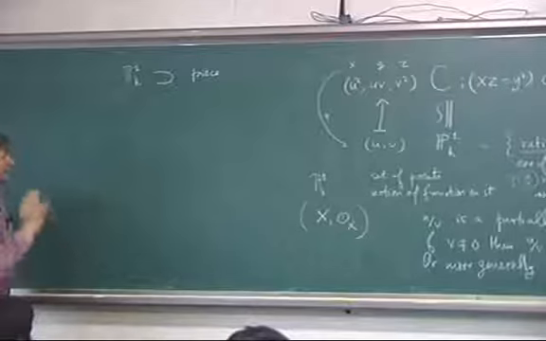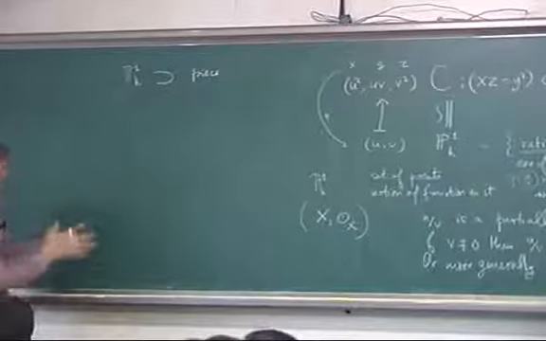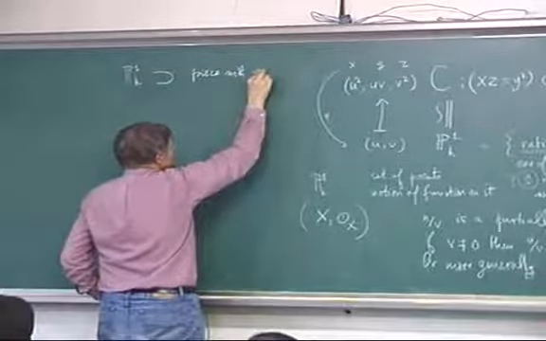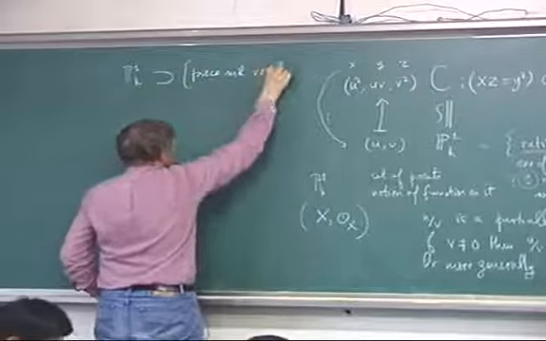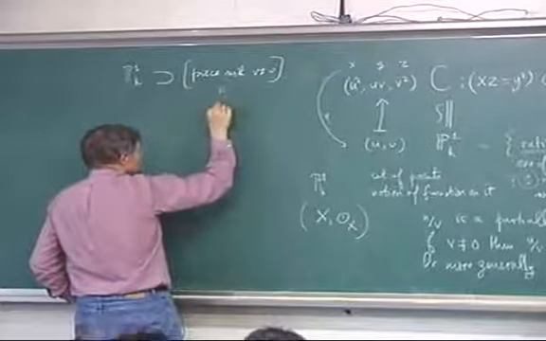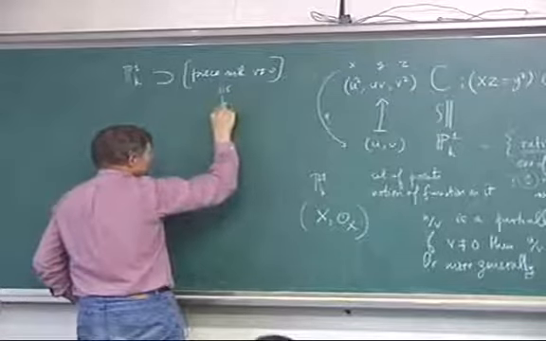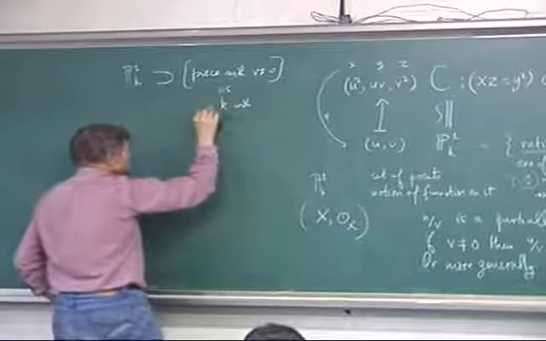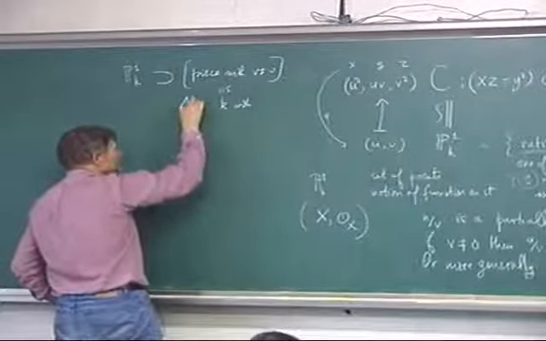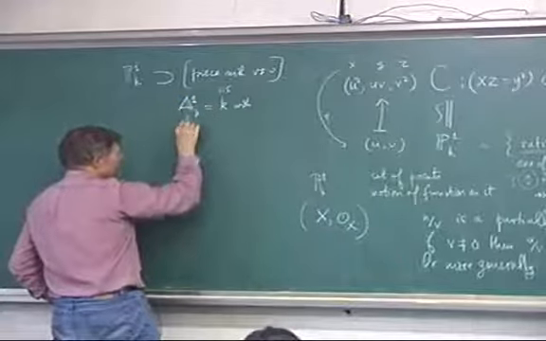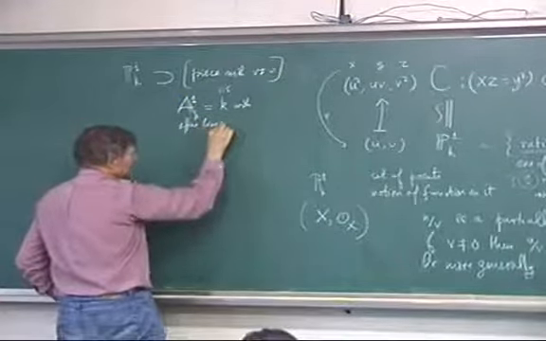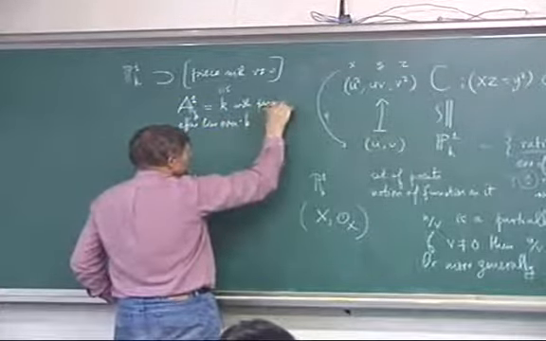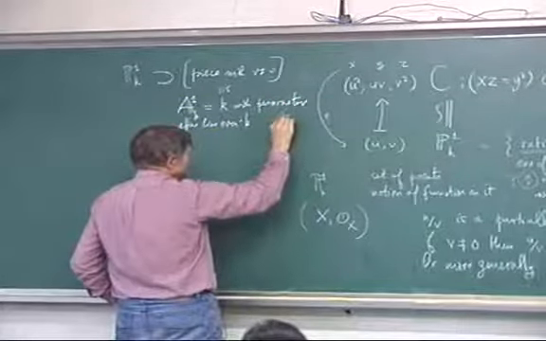This will be an affine open piece, but for the moment just let me write piece. This is the bit of the space with v not equal to 0. And this is isomorphic to the affine line over k, which we write A1, with parameter x equals u over v.